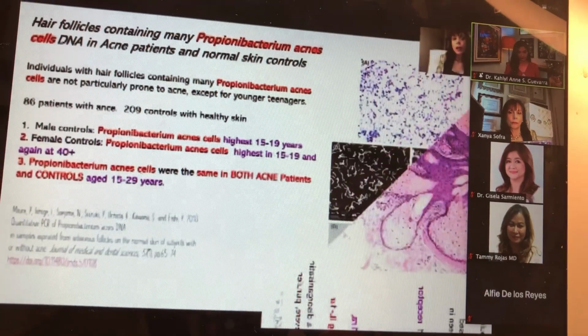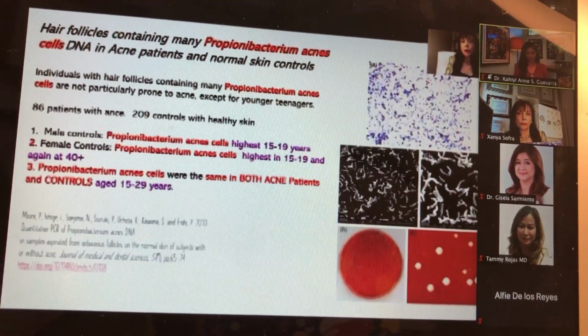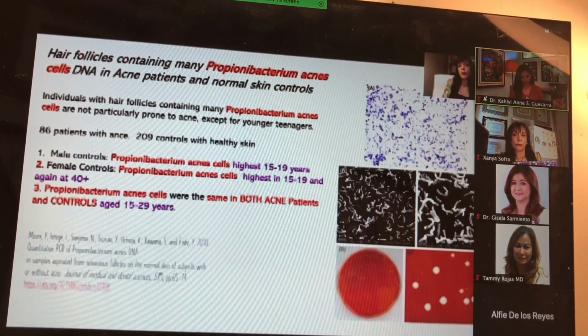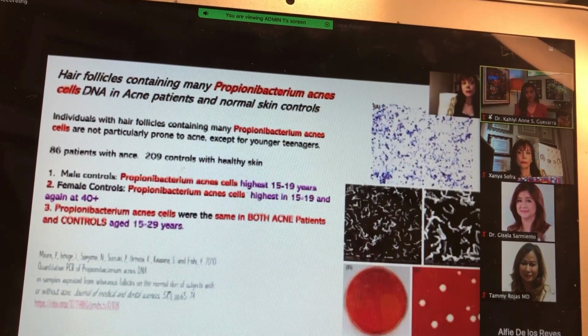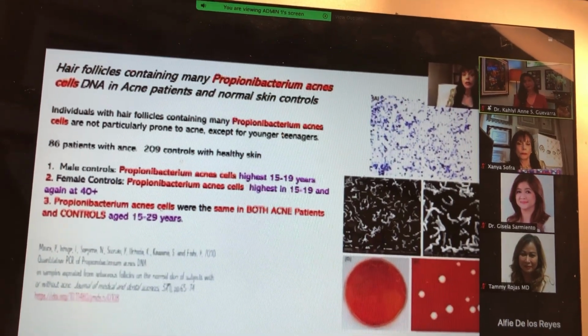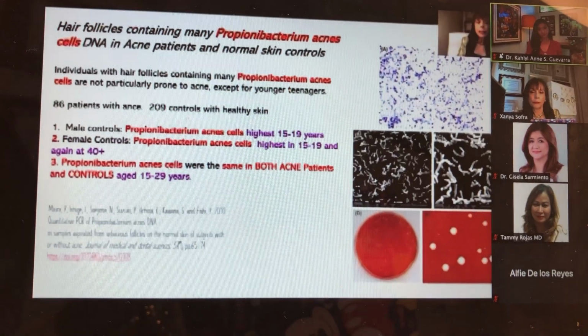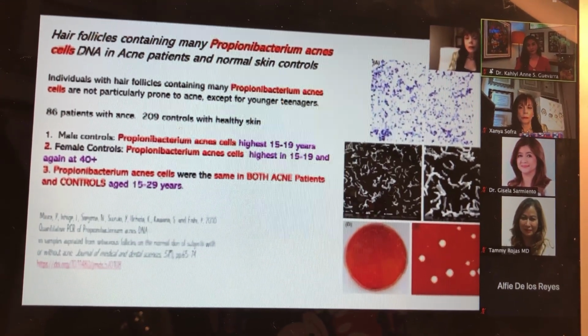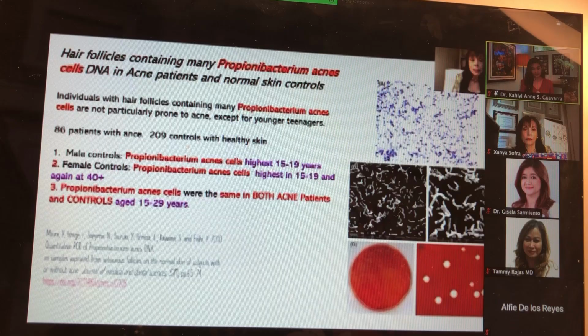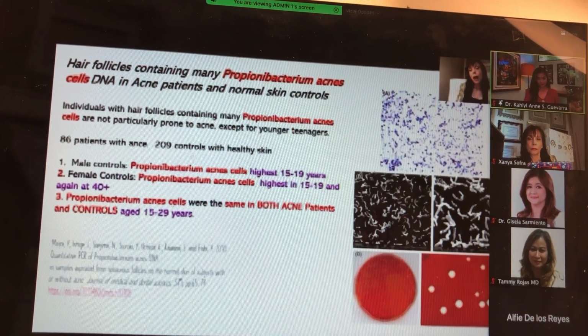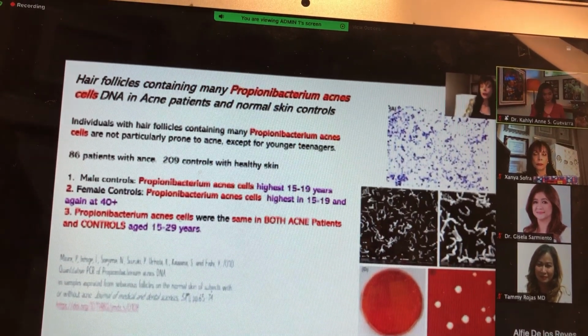So basically, this study found that hair follicles contain many Propionibacterium acnes cells, DNA, in acne patients as well as normal skin controls. So this study is claiming that many Propionibacterium acnes cells are not particularly prone to acne, except for younger teenagers.